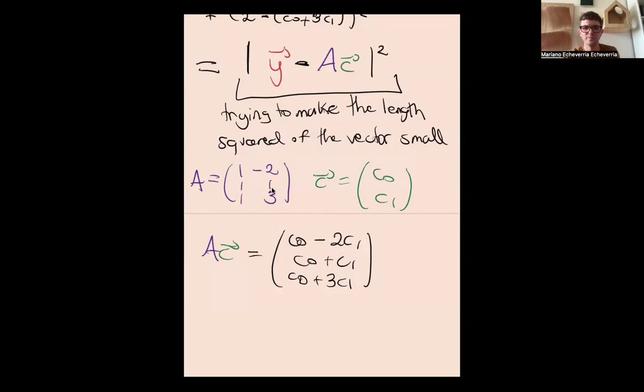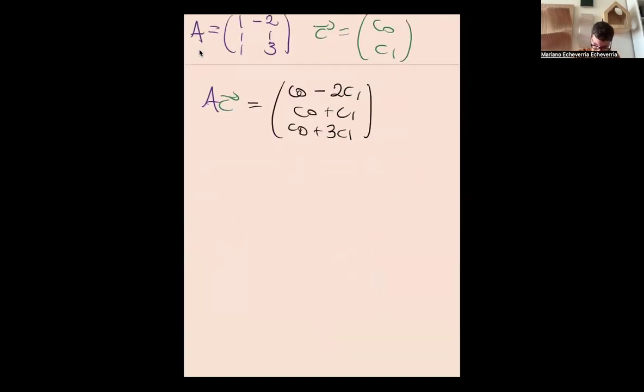Okay, so kind of like the picture to have in mind. So here's the picture that explains the problem. The picture is that you have a plane. Let me see if I can make it a little bit better.